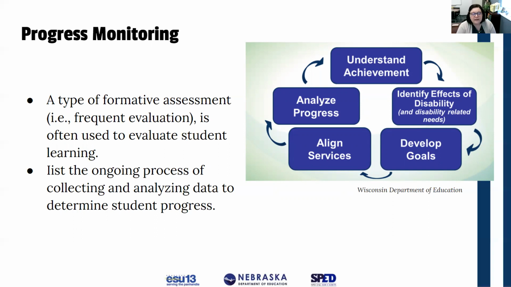So really, when we look at progress monitoring, we want to connect it to a type of formative assessment that is guiding us towards providing the education for our students. We need to list the ongoing process and growth of collecting and analyzing data to determine the progress. That analysis is going to be critical.